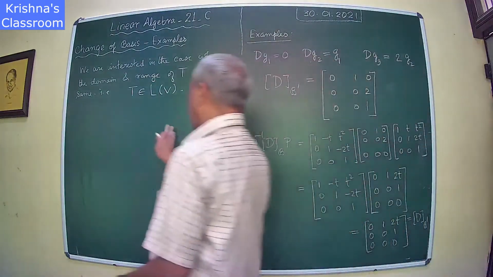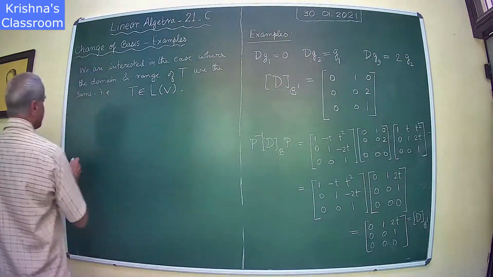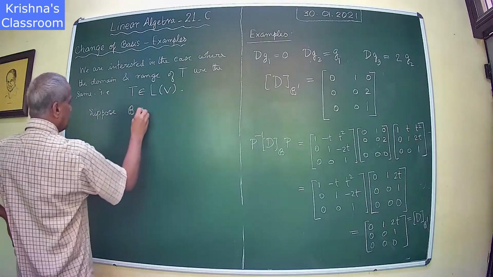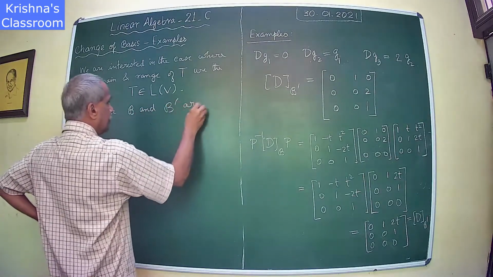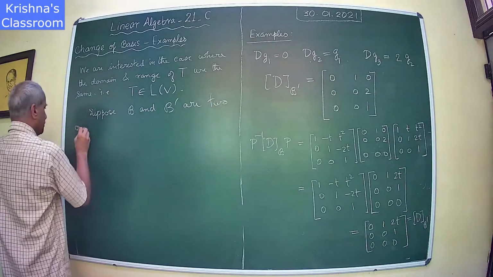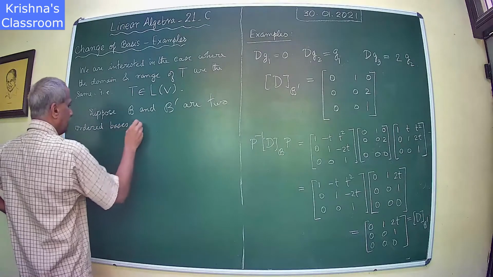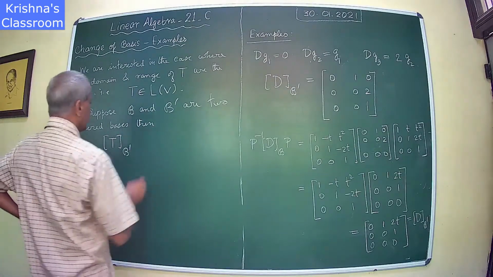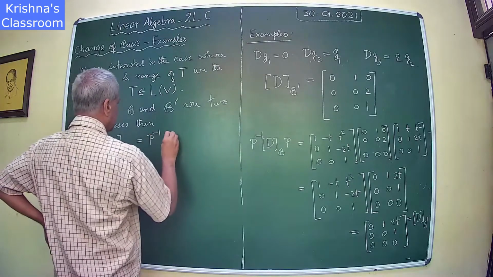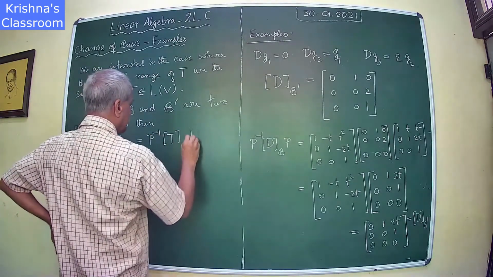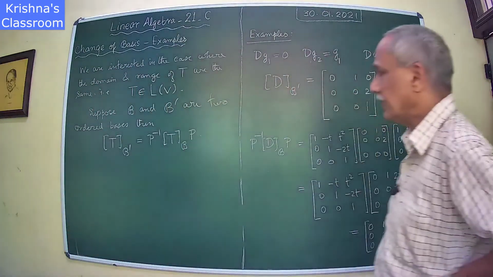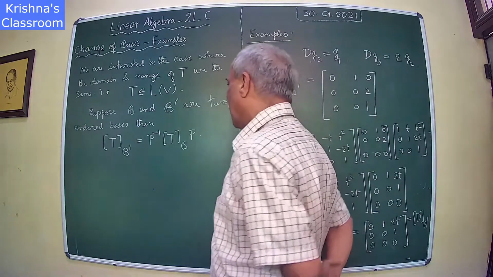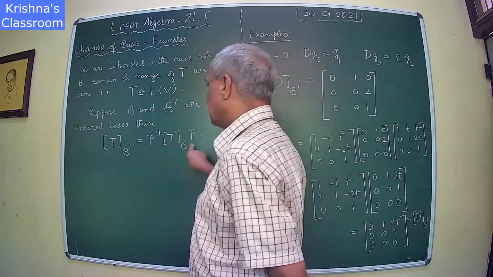In this case, we found that, suppose B and B prime are two ordered bases, then we obtain the following: the matrix of T with respect to B prime is equal to P inverse times the matrix of T with respect to B times P. Therefore, the matrix representations of T with respect to B prime and B are related by a transformation of this kind.